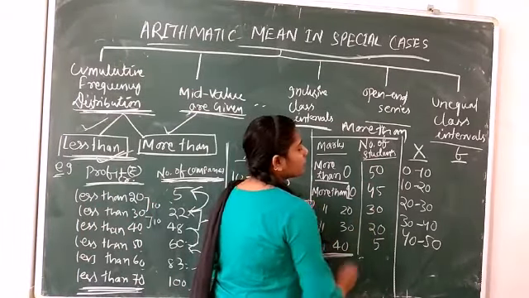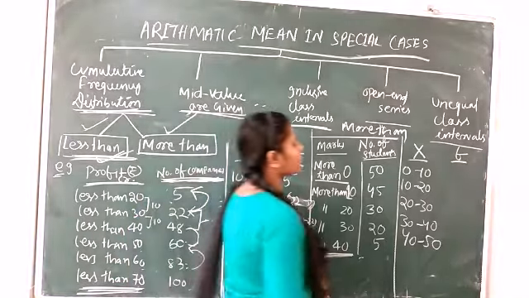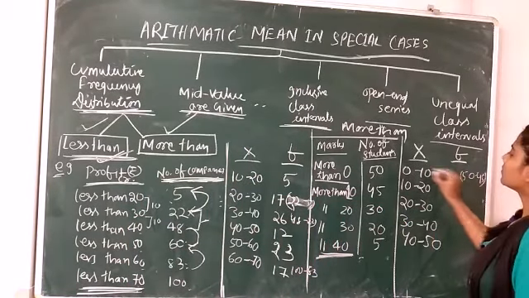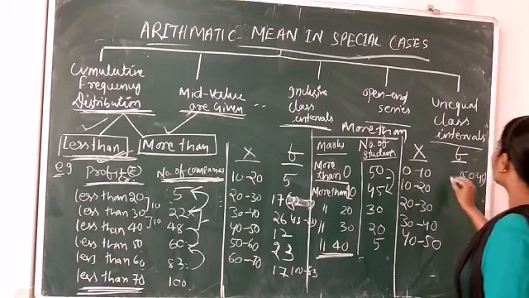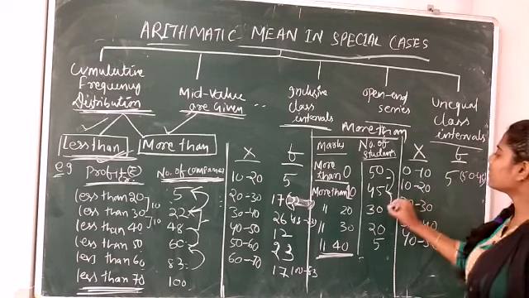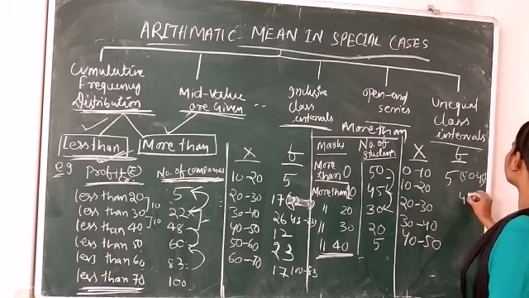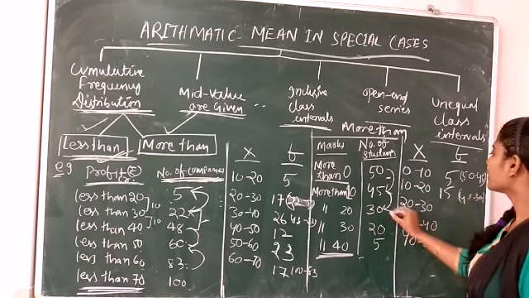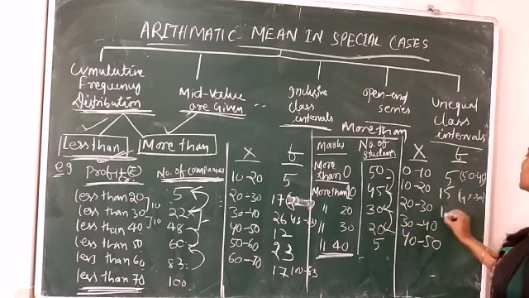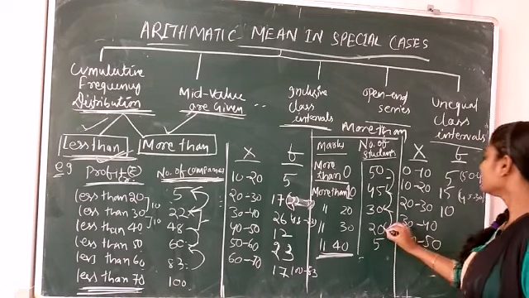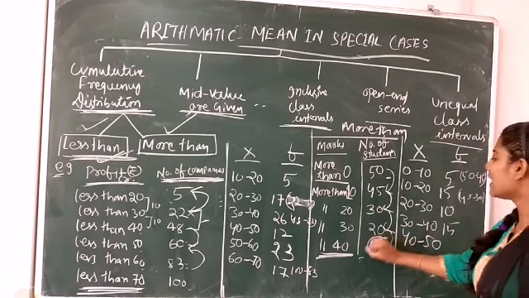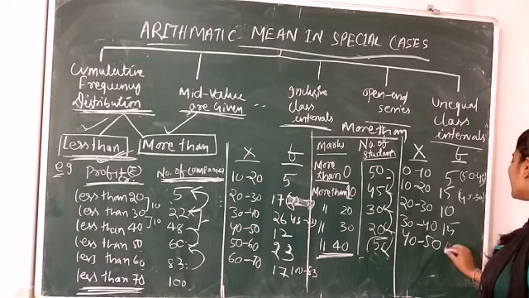Next we arrange the frequency. So here the first frequency will be 50 minus 45, which is 5. Then 45 minus 30, this will be 15, then 30 minus 20, that is 10, then 20 minus 5, that is 15, and the last frequency will be 5.